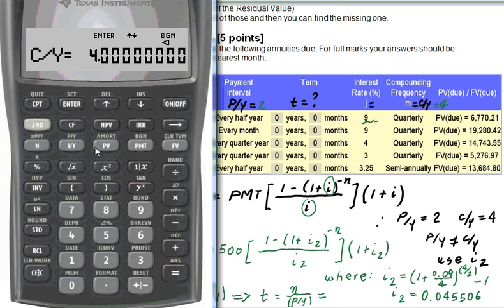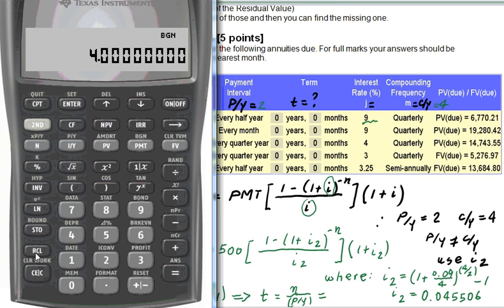Then we have 67,770.21 as present value. Then payment is equal to 500, change sign as payment. Oh, hold on.